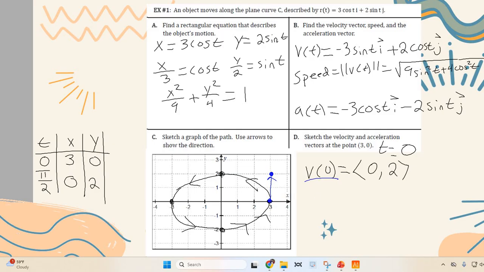And then it also asks us to find what? The acceleration. So what do we get there? -3, comma 0. So this time I've moved -3 in my horizontal and none in my vertical, so where would we end up?